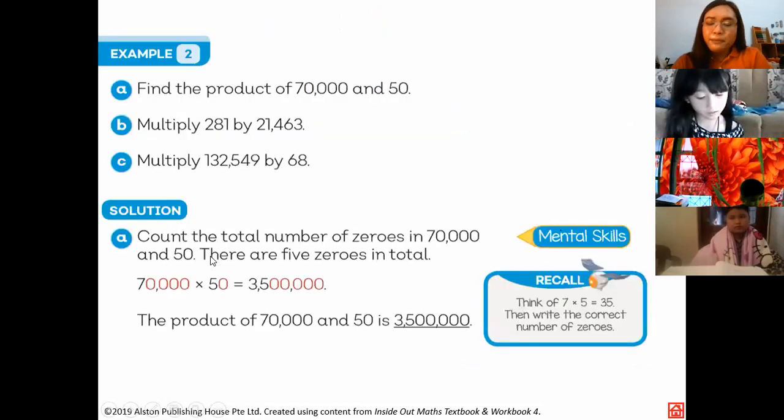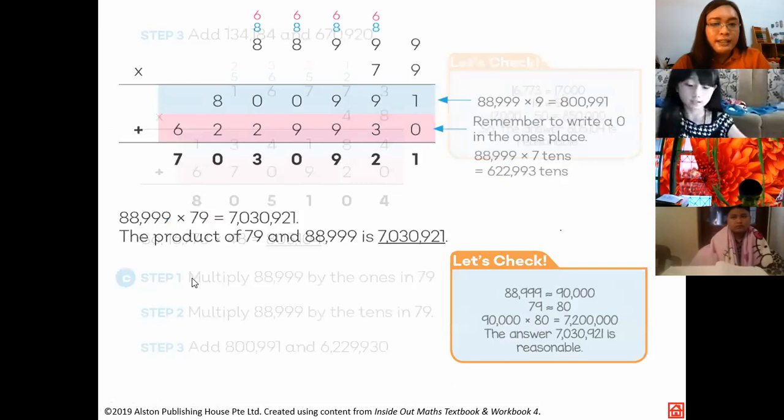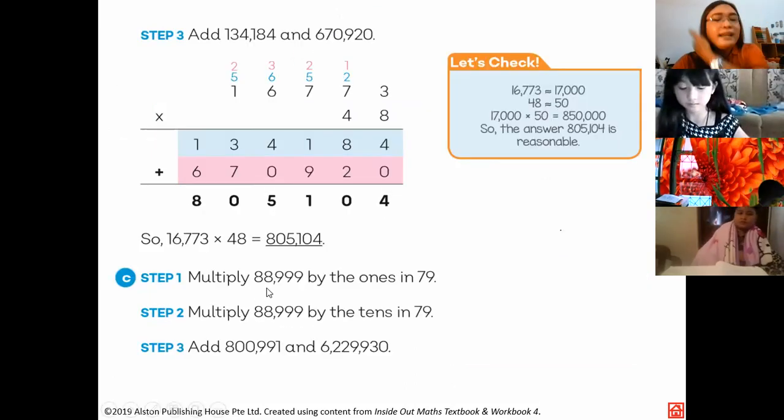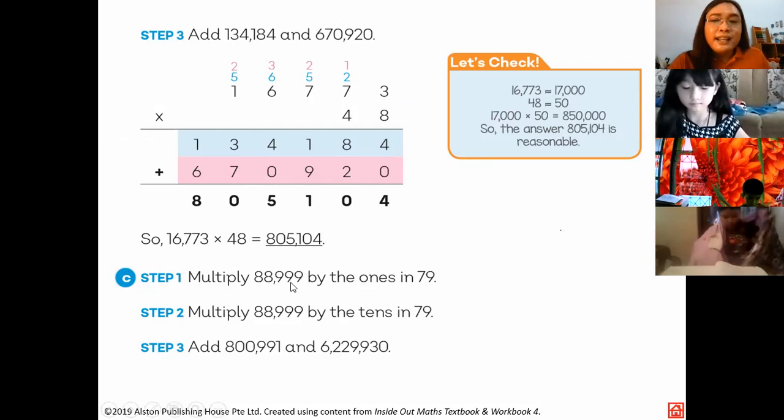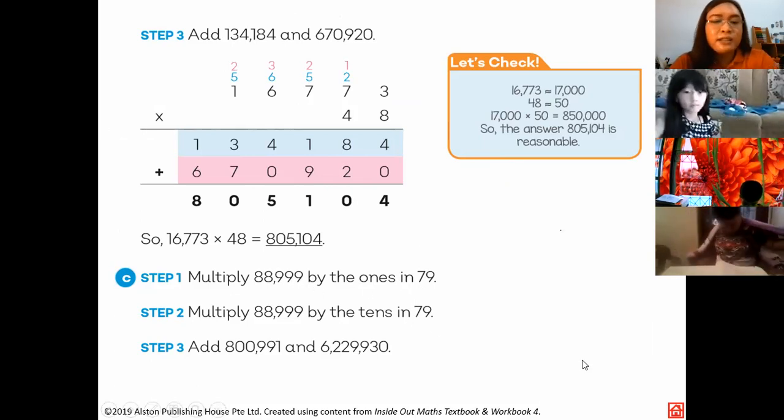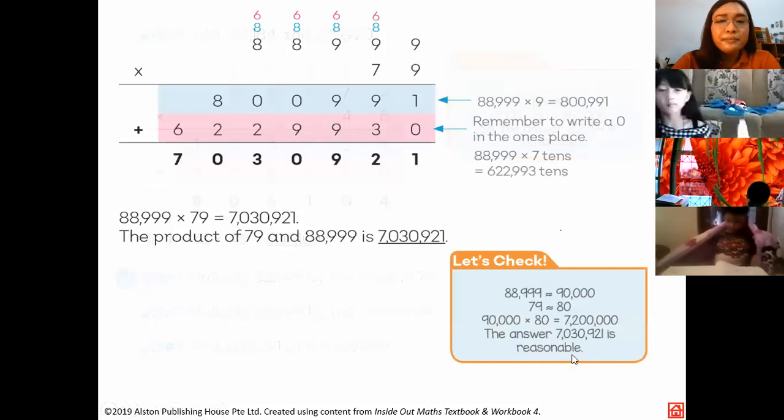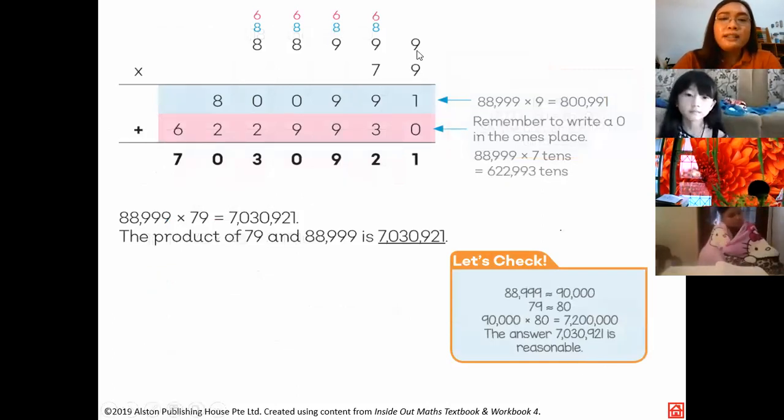All right, so here is the example or solution for letter C. Multiply 88,999 by 79. So here's the equation, class. So 9 times 9 here.